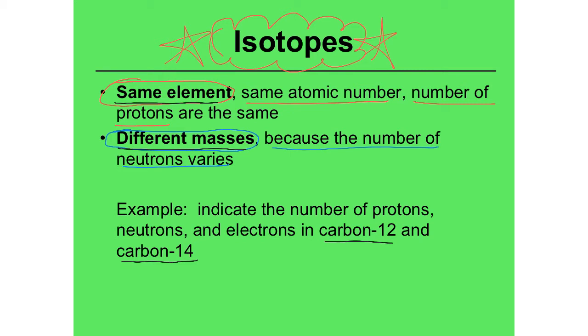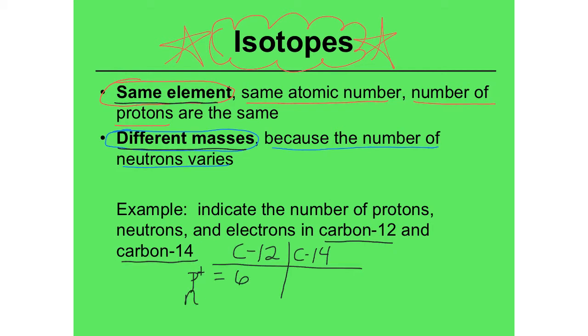So what we're going to do now is we just have to look at the periodic table and we are going to write down how many protons, neutrons, and electrons are in carbon 12 and carbon 14. So we find carbon on the periodic table, and carbon will have 6 protons.